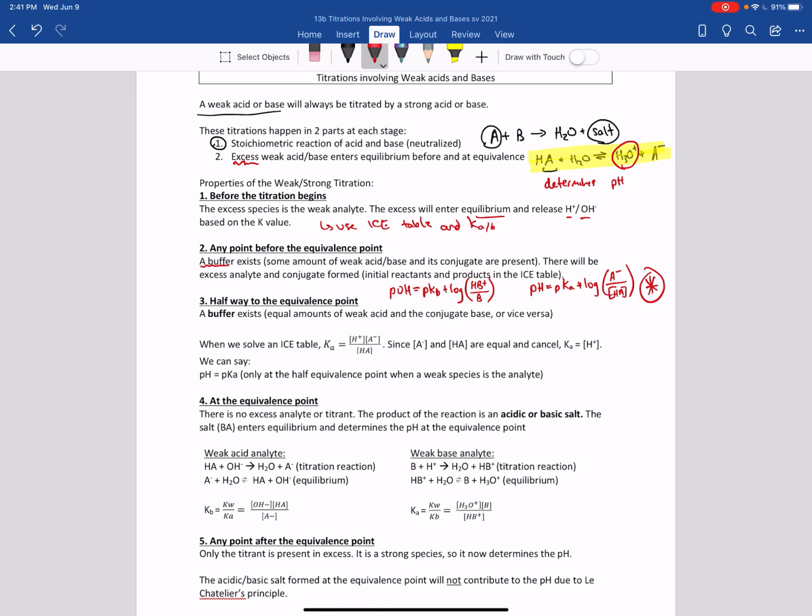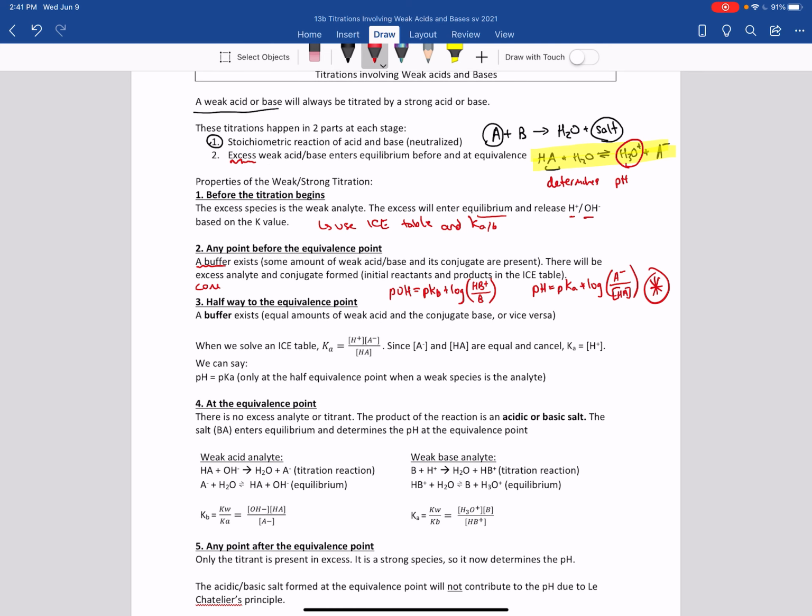Anywhere between the beginning and the equivalence point of a titration, this equation, called the Henderson-Hasselbalch equation, combines an ICE table, the K calculation, and the pH calculation into one step by simplifying it. So all we need to know is the concentration of each species, and then we can apply that equation, which is what we'll do.